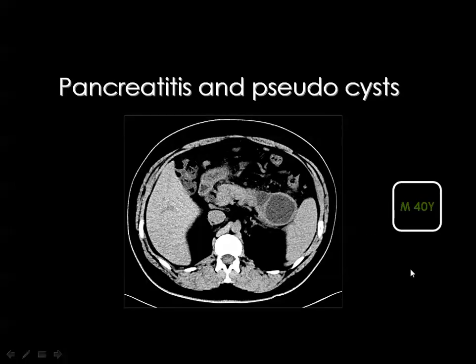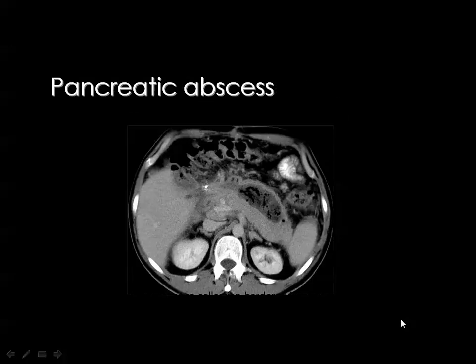And this is a case of pancreatitis with pseudopancreatic cyst, and you see the encysted fluid related to the region of the pancreatic tail. Then whenever you see a cyst related to the pancreas and it contains air, then you are sure that this is a case of pancreatic abscess.